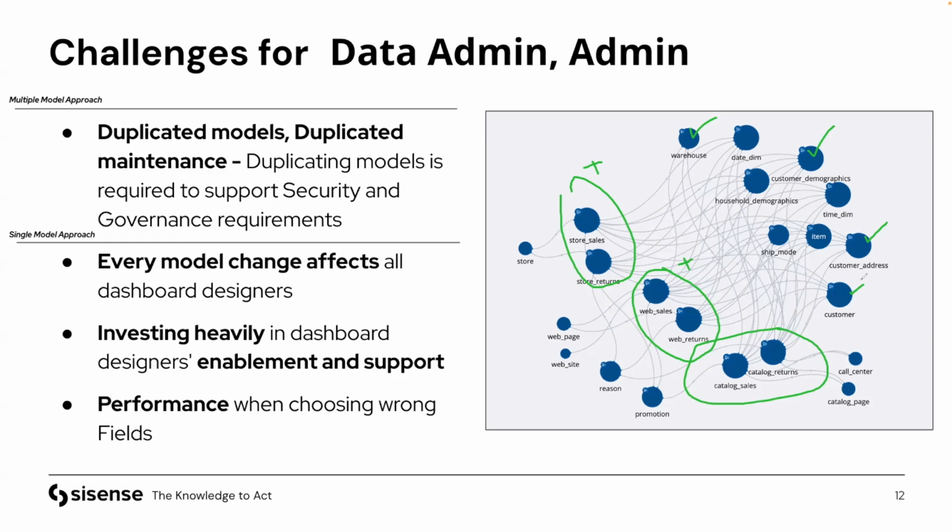If you want to update that data security, now you have to go to 3 different elastic cubes and update the data security in each of them individually, right? So even though you can do things using REST APIs, it's still a lot of duplicated effort to do something on one elastic cube and then copy it over to the 2 other elastic cubes, right? When you follow a multi-model approach.